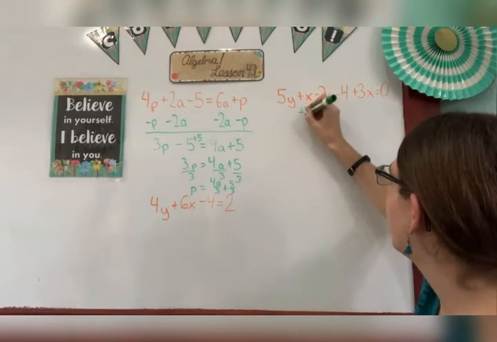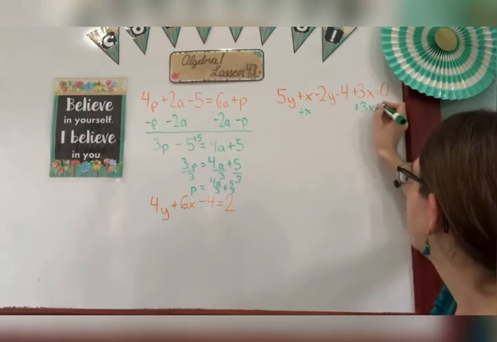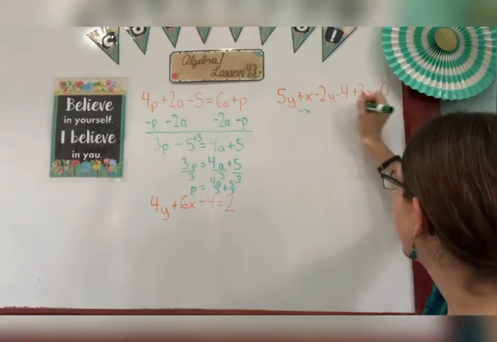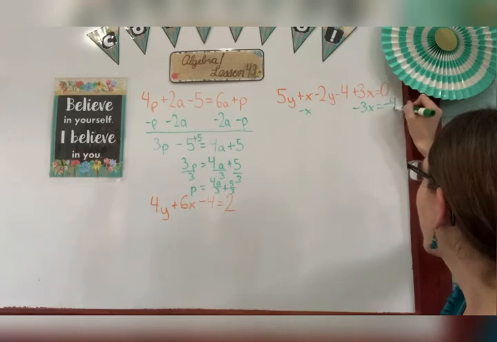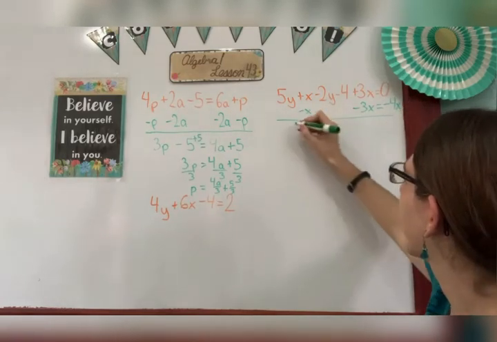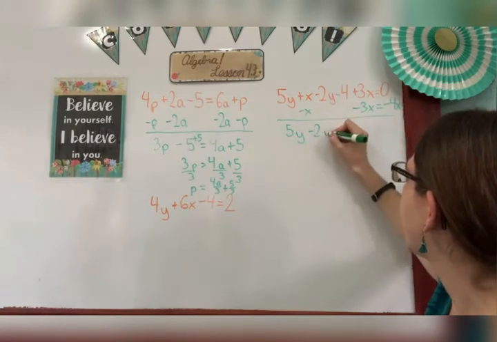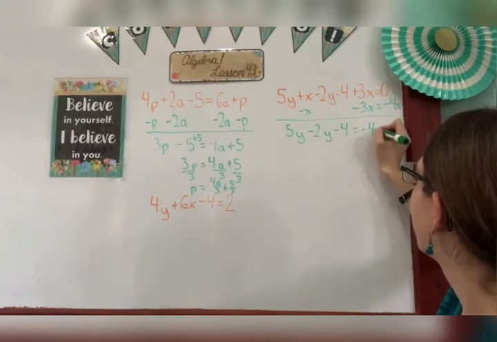So I'm going to subtract 4x from 0, which gives me a negative 4x. And on this side, I'm left with 5y minus 2y minus 4 equals negative 4x.